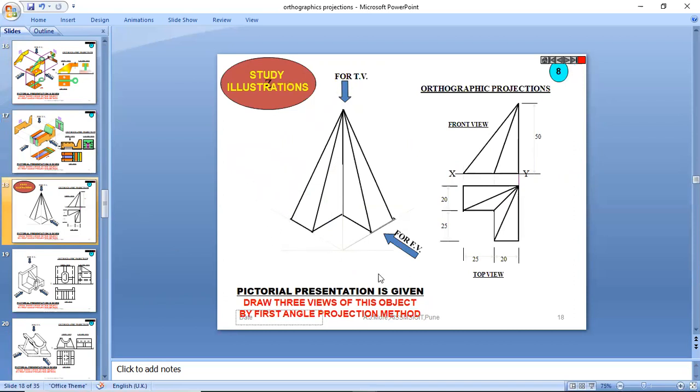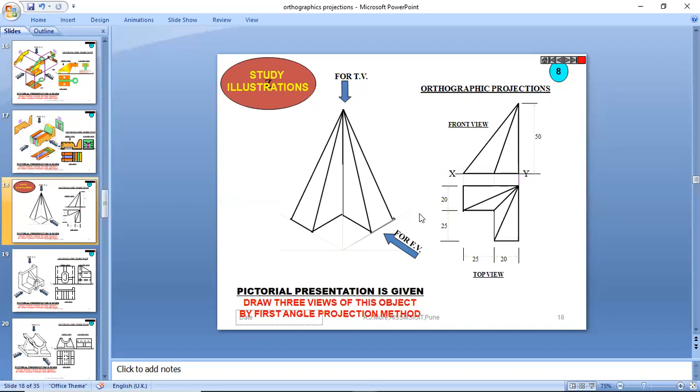Here is another study illustration of orthographic projections. Various types of objects you have to draw with the help of some dimensions. Here dimensions are given. Suppose on this xy line there is a front view looking from this direction.